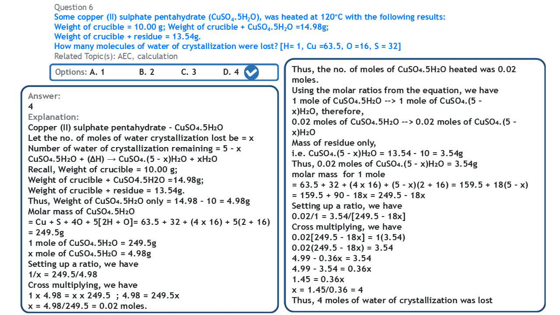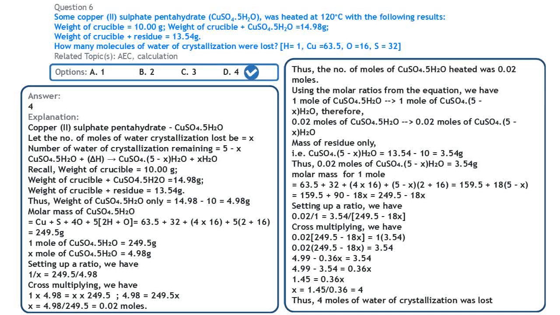Now, using the molar ratio from this equation of reaction here, we are going to have 1 mole of this substance A producing, let me say this is substance B, another substance here, let that be B. So 1 mole of this substance A produces 1 mole of this substance B. 0.02 moles of this substance will then produce 0.02 moles, since they have the same number of moles.